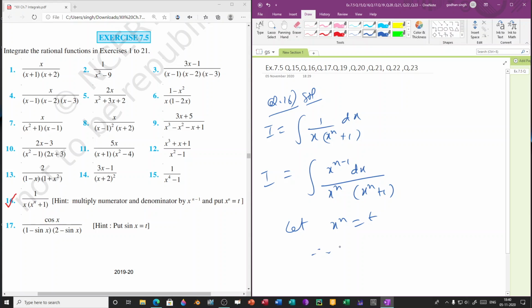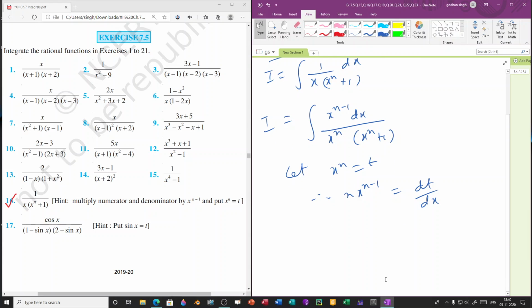Differentiating both sides with respect to x, we get n into x raised to n minus 1 equal to dt by dx, so n into x raised to n minus 1 dx equal to dt. Therefore x raised to n minus 1 dx equal to dt by n.